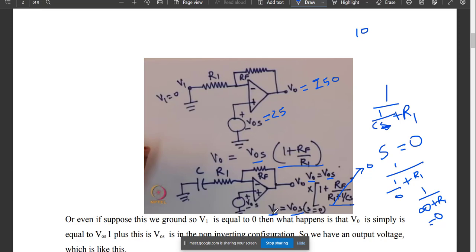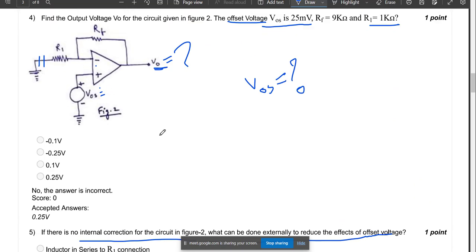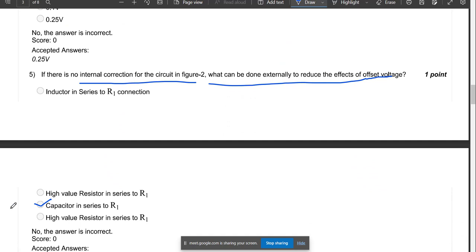Output voltage will also be 25 millivolts. So instead of 250 millivolts, we get only 25 millivolts, and the effect of the offset voltage is reduced. Instead of a huge amplified output, we get a small output equal to the offset voltage. That's why we put a capacitor in series to R1.